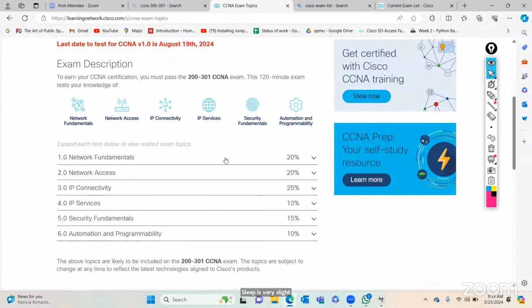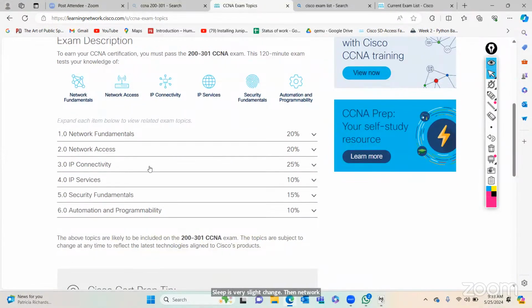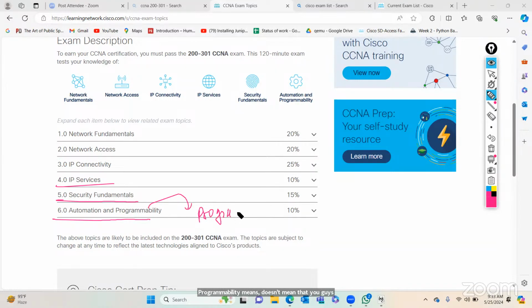The sections are network fundamentals, network access, IP connectivity, IP services, security fundamentals, and automation and programmability. Programmability doesn't mean that you guys have to learn programming. But guys, like I said, it's a mixed bag, right? The current network demands are much higher, right?